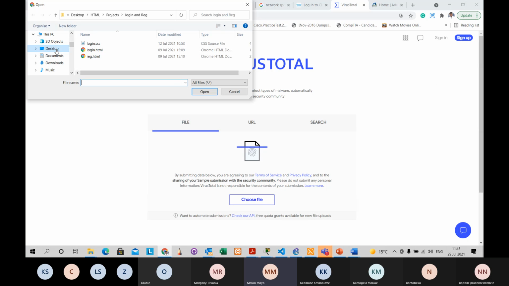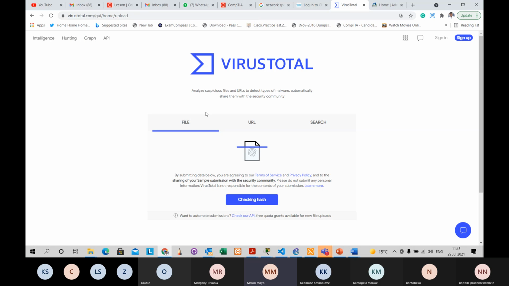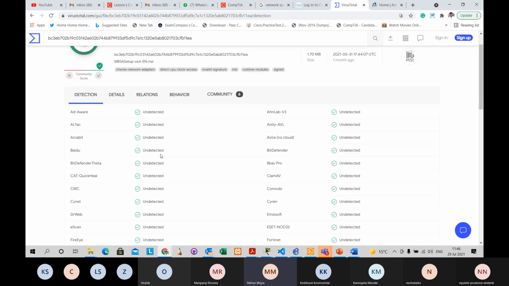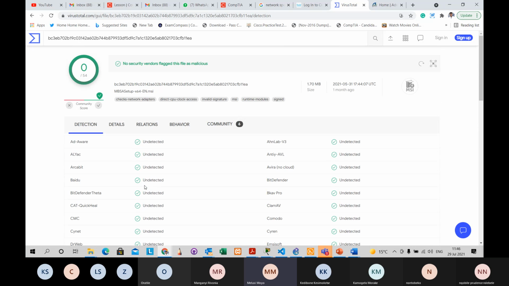Let's say I just finished downloading this application and I want to install it on my computer, but before I install it, I want to scan it first, just to find out if it has any virus or not. So I just click on that and then open. You can see different antivirus engines are checking if it is a virus. Most of them are saying no virus detected, because that's a Microsoft application.